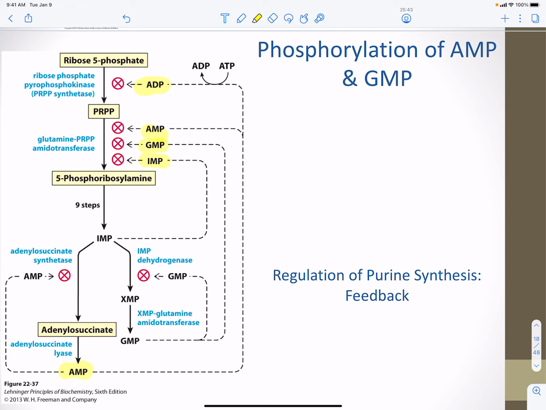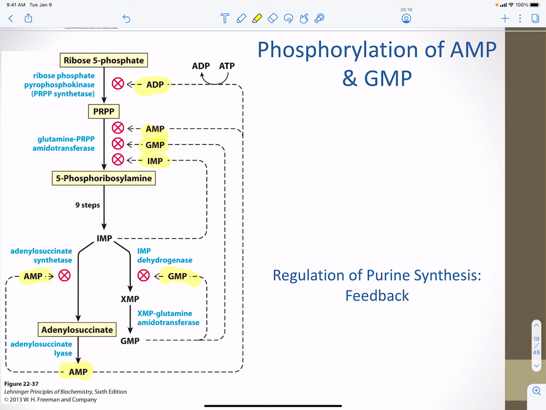And then you have your 9 steps through your ribosylamine to IMP, and your IMP dehydrogenase or your adenylosuccinate synthase to make GMP or AMP respectively is going to be feedback regulated. So GMP will obviously impact IMP dehydrogenase, and AMP will impact adenylosuccinate synthetase. Okay, so all of this is going to be feedback regulations.